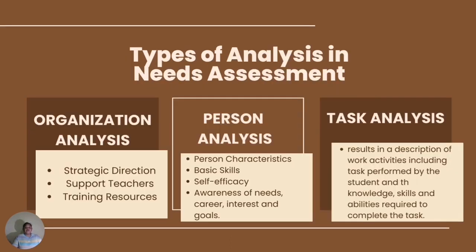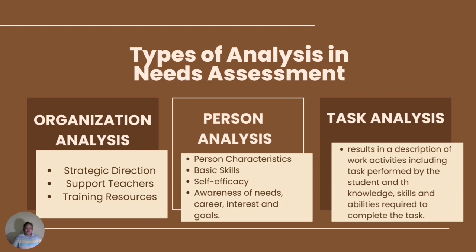So there are different types of analysis in the needs assessment. There are three. The first one is the organization analysis. We analyze the strategic direction, support teachers, and the training resources. The second type of analysis is the person analysis.